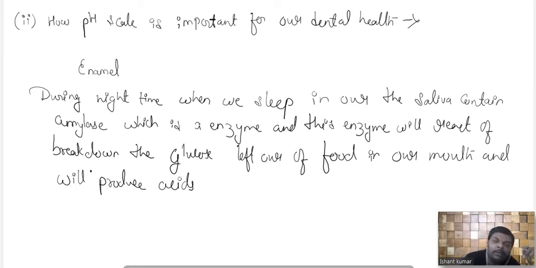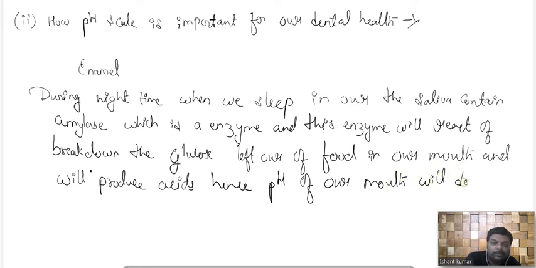And hence the pH of our mouth will decrease. The pH of our mouth must range between 5.6 and 7.3.